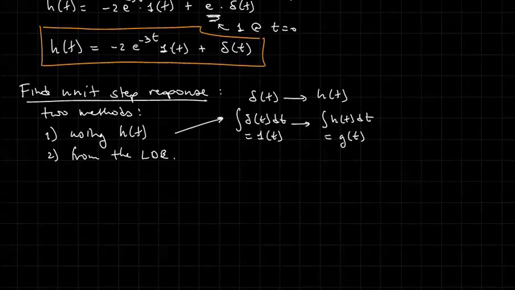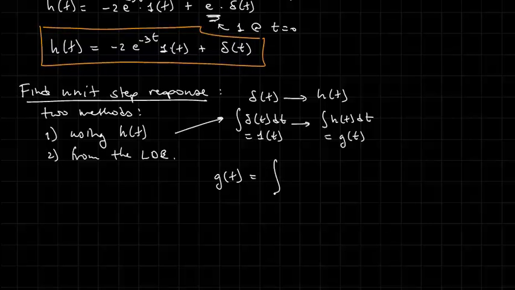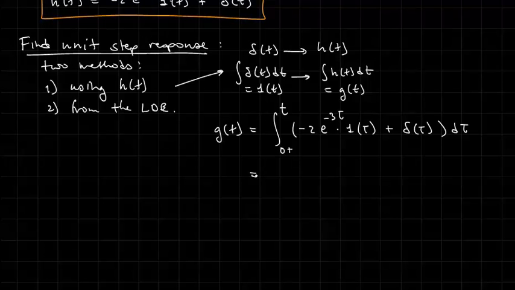So all we need to do is evaluate the integral from 0 to t, specifically 0 plus, of minus 2 e to the minus 3 tau times 1 times the unit step plus the delta function, d tau.